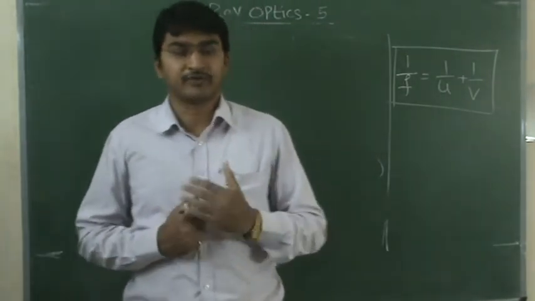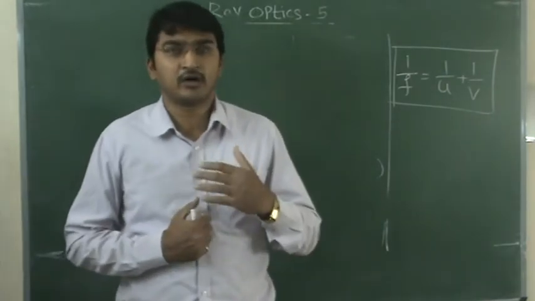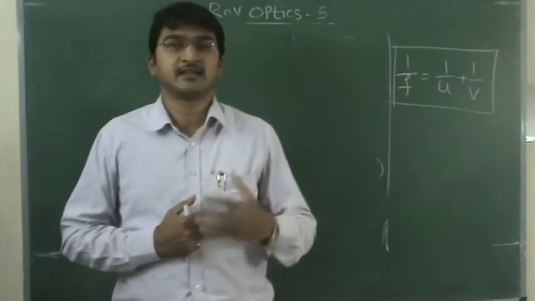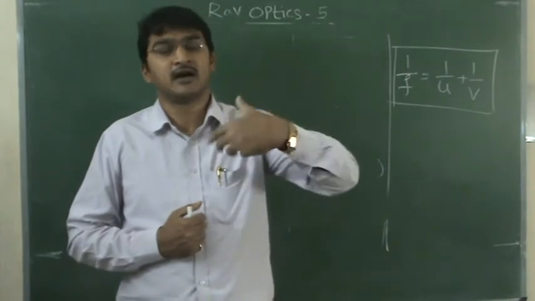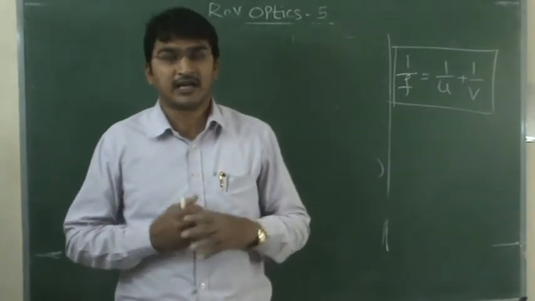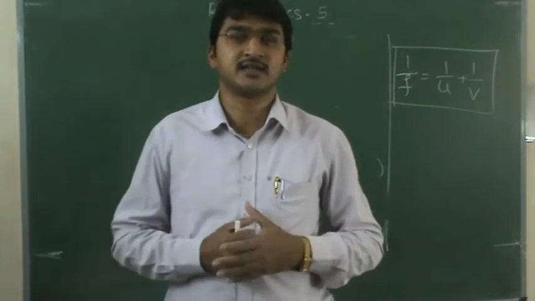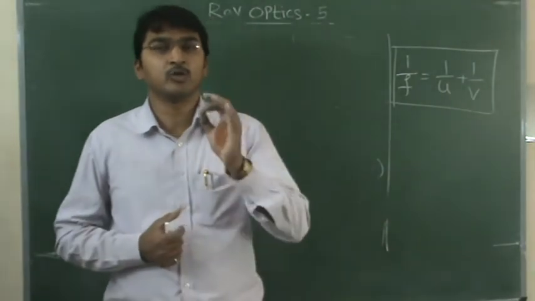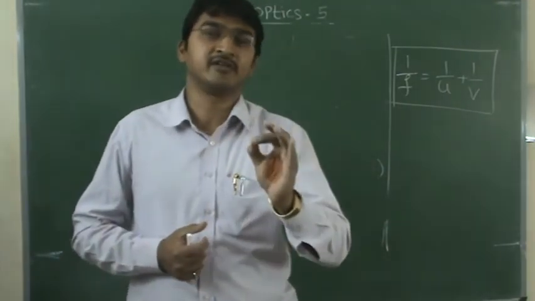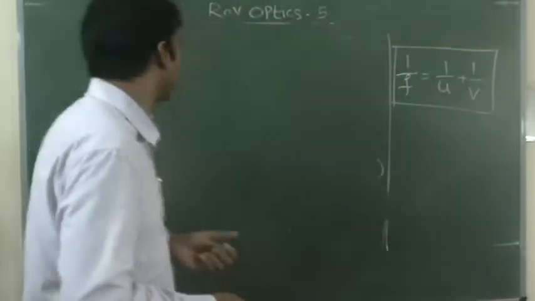How do we say that the image is erect or inverted, and whether it is diminished or enlarged? By knowing the linear magnification equation. So what is linear magnification?